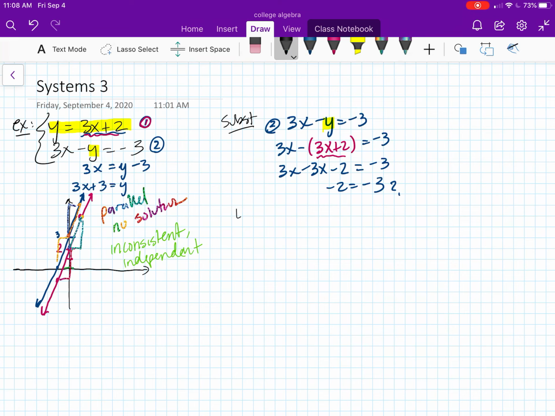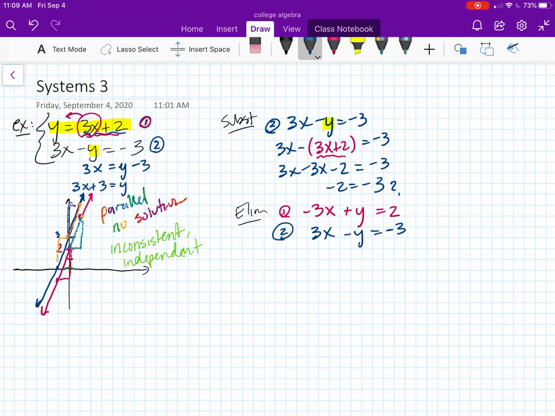All right, last, the elimination method or the addition method. The first thing we want to do, it's easiest to get it in standard form. If you look at equation 1, I would subtract that 3x to the other side. So rewriting it, I would have negative 3x plus y equals 2. For equation 2, we have 3x minus y equals negative 3.